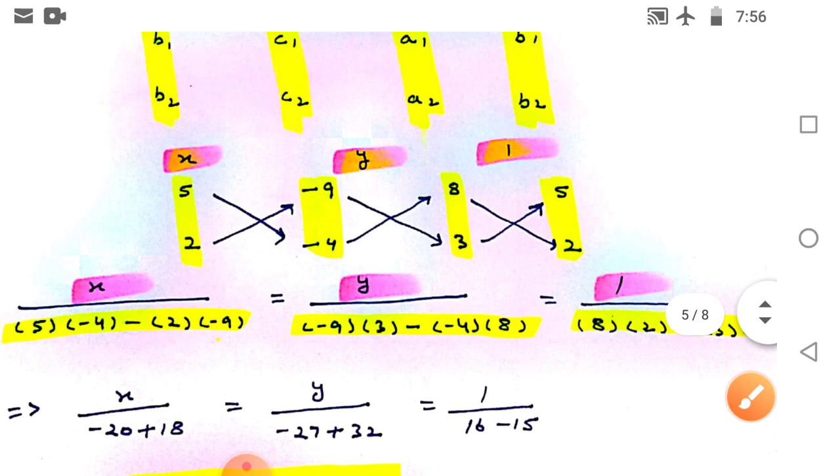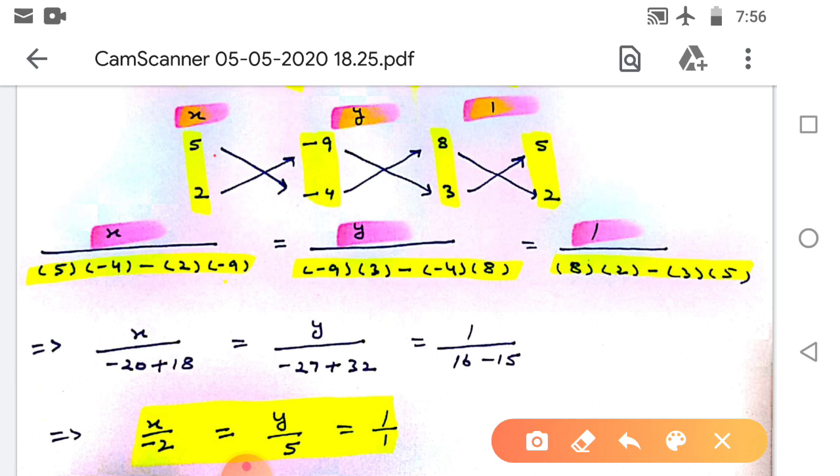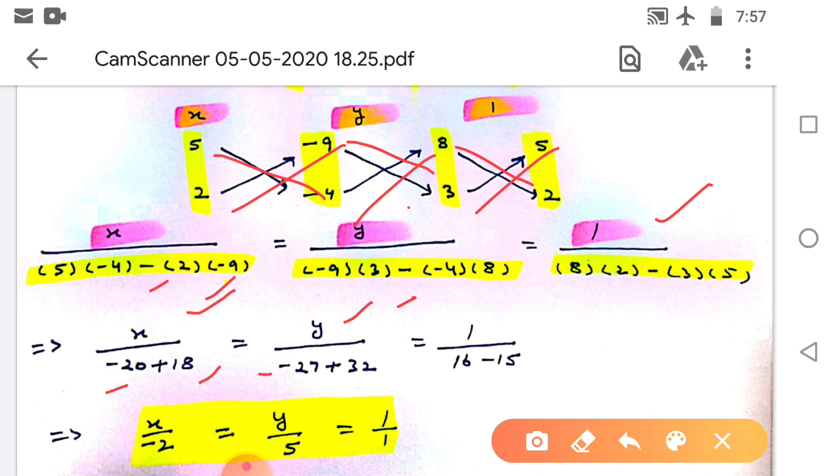Now put the values here, and we write x upon 5 into minus 4 minus 2 into minus 9, y upon minus 9 into 3 minus minus 4 into 8, is equal to 1 upon 8 into 2 minus 3 into 5. When we solve, we get x upon minus 20 plus 18 is equal to y upon minus 27 plus 32 is equal to 1 upon 16 minus 15.